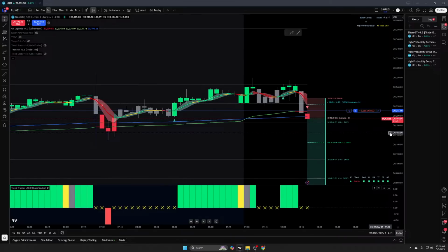And let's see. How many minutes do we have on this candle? We have 3.5 minutes. We're going to get this bounce off of here. That's what it looks like. We have nothing here showing us to get into this trade.